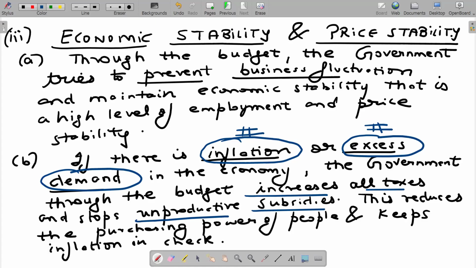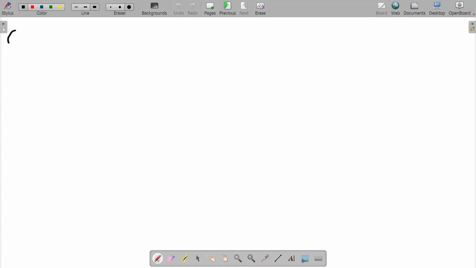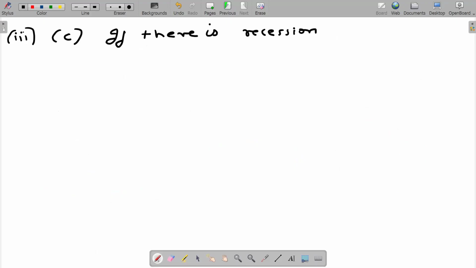So I can move on to the next page and I can write within part 3.C. I can write if there is deflation, or I can write if there is recession or deficient demand, the government through the budget will now aim to increase the aggregate demand.